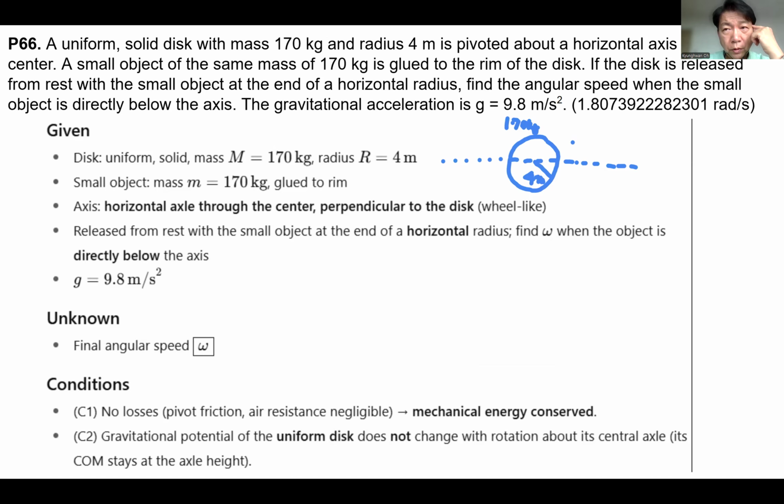And then the disk is released from rest with a small object at the end of the horizontal radius. Find the angular speed when the small object is directly below the axis, so that we have a small object here. And then we want to find out, this is the initial. This is final.